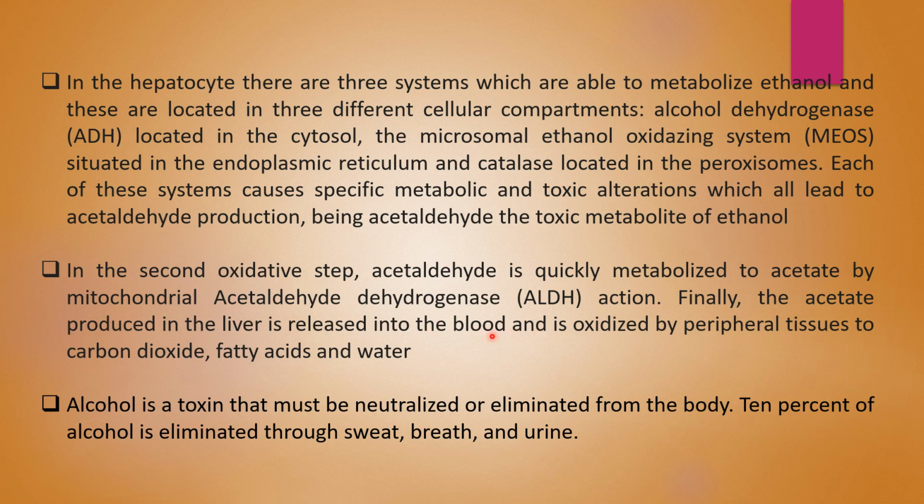Finally, the acetate produced in the liver is released into the blood and is oxidized by the peripheral tissues to carbon dioxide, fatty acids, and water. So, alcohol is a toxin and must be neutralized or eliminated from the body. About 10% of the alcohol is eliminated through sweat, breath, and urine.